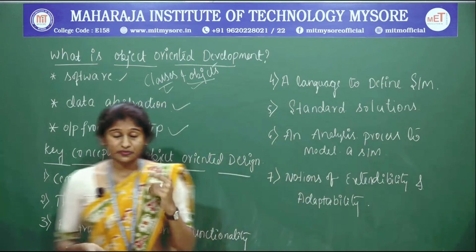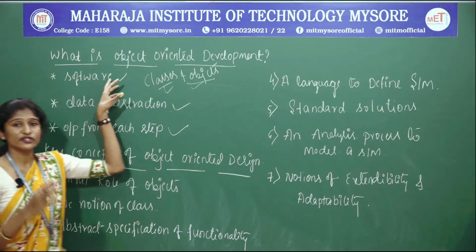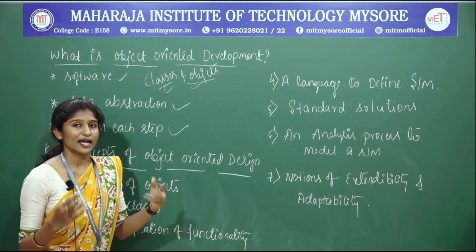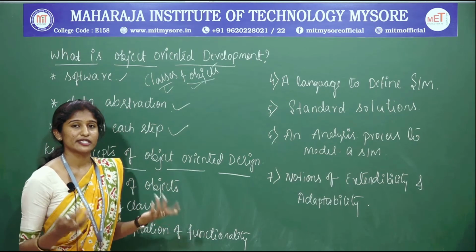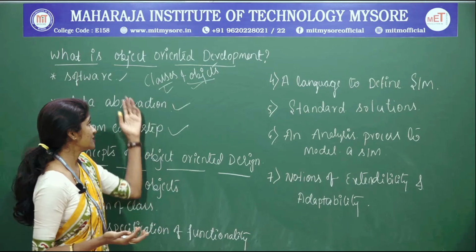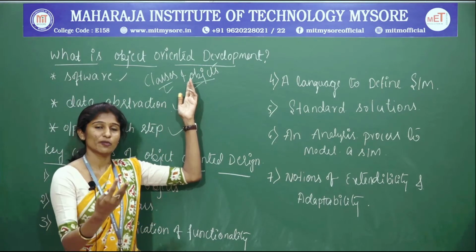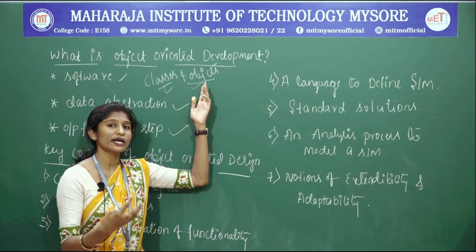That is why I have taken three key points. The first one is software. Software consists of classes and objects, and a class is nothing but a collection of variables and procedures, and an object is nothing but an entity that acts upon procedures using the data provided and responds to a client request.